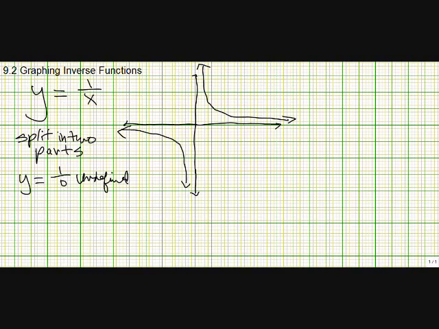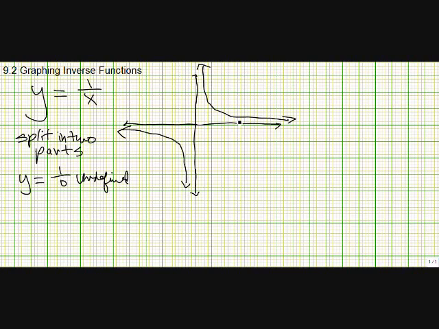So I've got one point in here that's undefined, and so if I look at the lower left side, as my x's are getting closer and closer to 0, my graph is going straight down. And then when x is 0, I'm undefined, so now I get a discontinuity here.